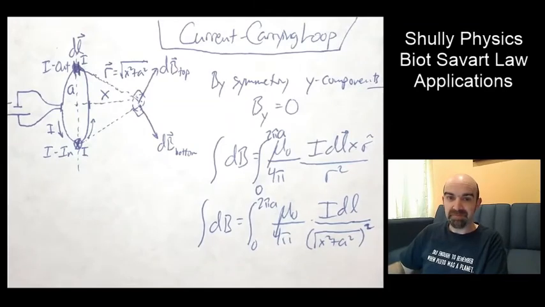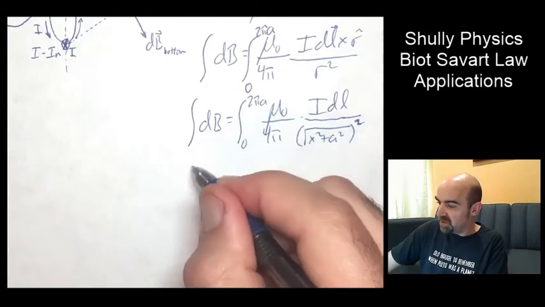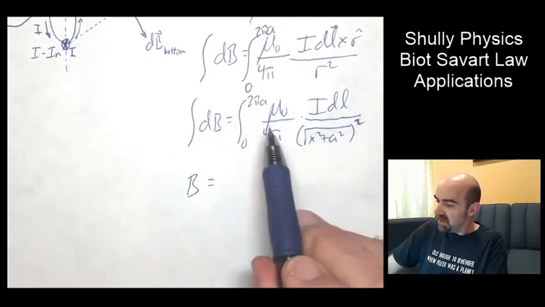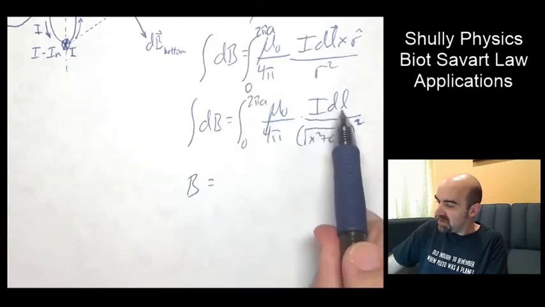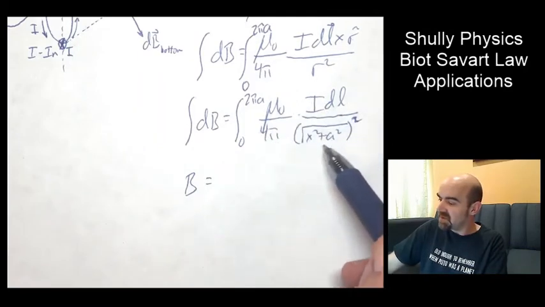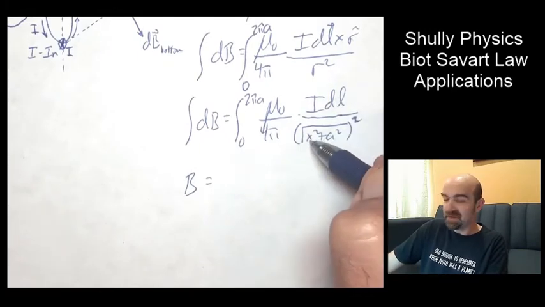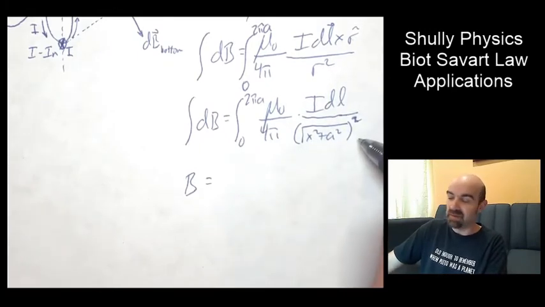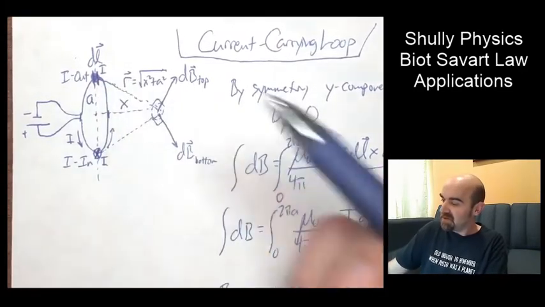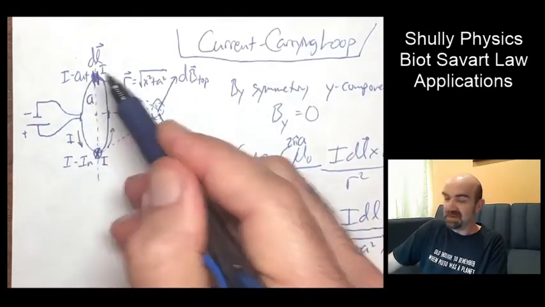All right, let's figure out what B is going to be. Summing all the dB's would give us B. Now this is just dl. We're looking at the length going around, so all of this other material is constant. X isn't in terms of L, A isn't in terms of L. X is the distance away from the center, and A is the radius. dl isn't affected by this either.